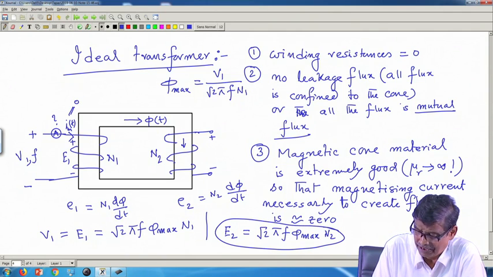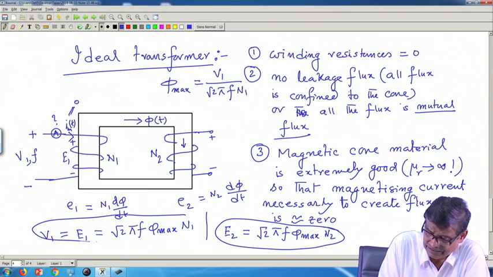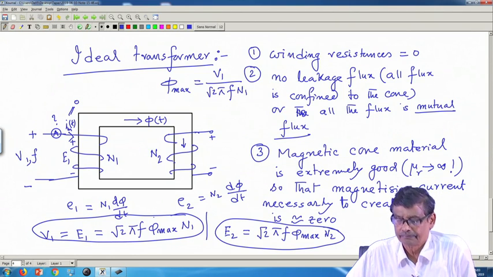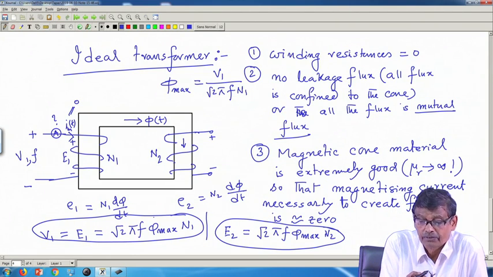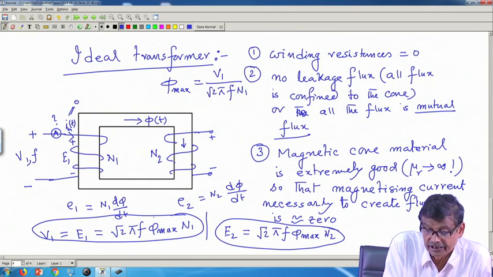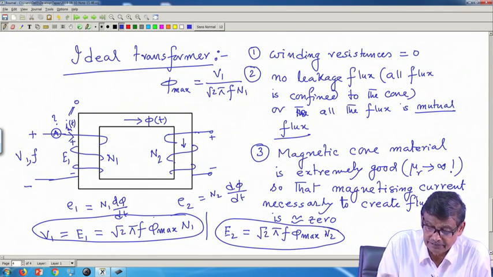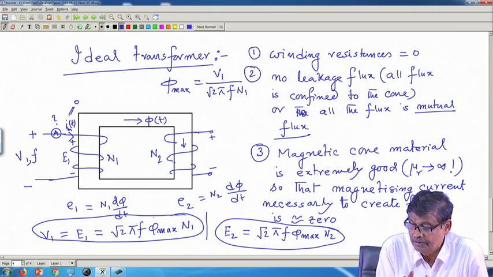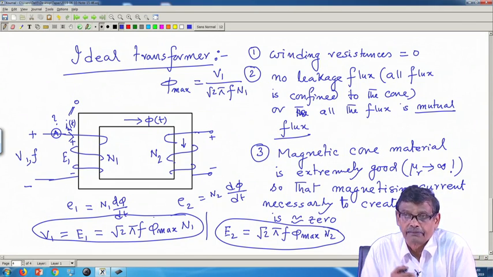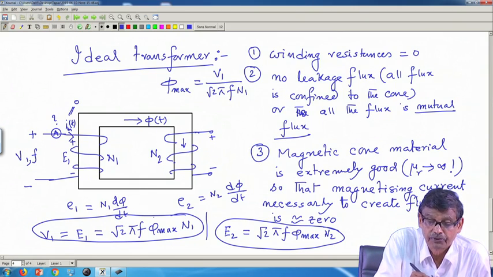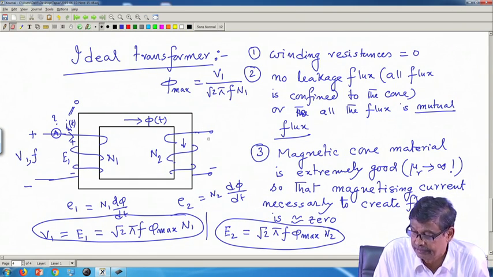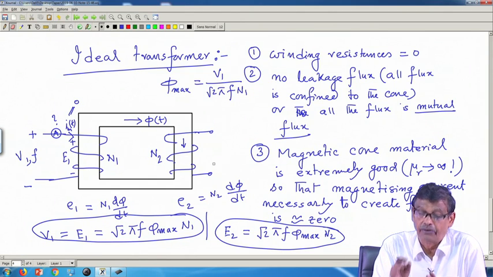I am not deriving, once again differentiating and trying to write. So, RMS value of the induced voltage in the primary happens to be equal to V1, because there is no resistance, no leakage flux, V1 is equal to E1. On the secondary side, this will be this one. Now, I should not of course jump to the conclusion that this is plus, this is minus. We will see that now.